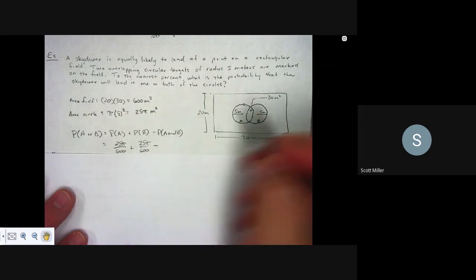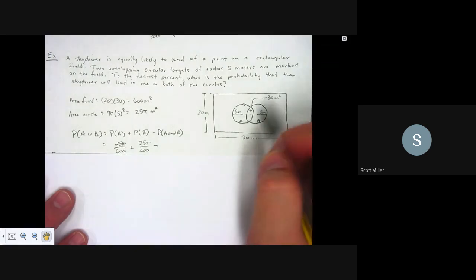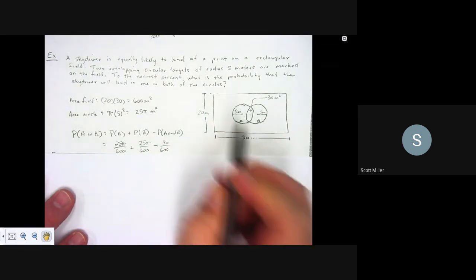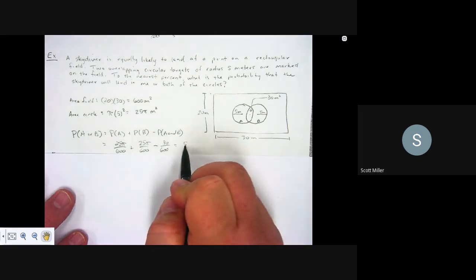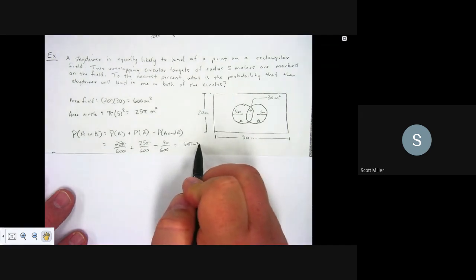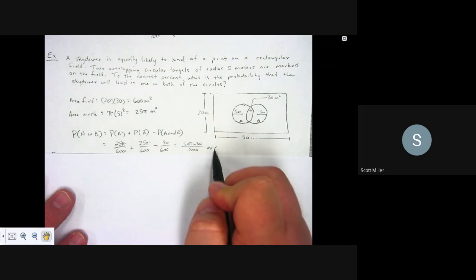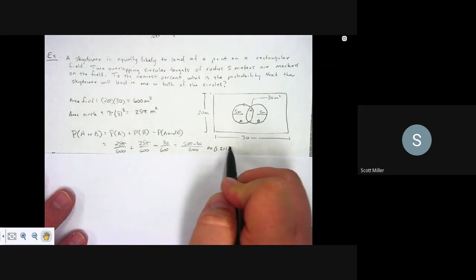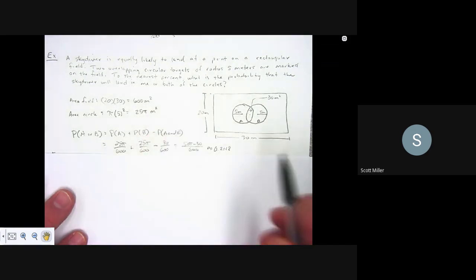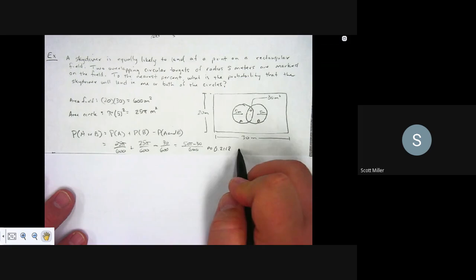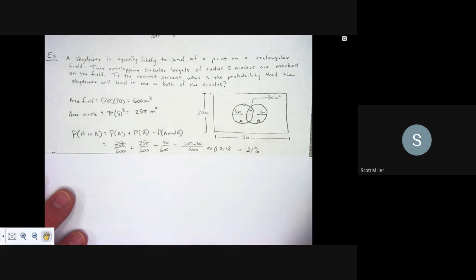And then this right here, they told you this overlap is 30, so it'll be minus 30 over 600. And so then you work this out. That's 50 pi minus 30 over 600. And then you should use a calculator, and you'll get 0.2118. And it said to the nearest percent, so 21%, provided everything is equally likely.